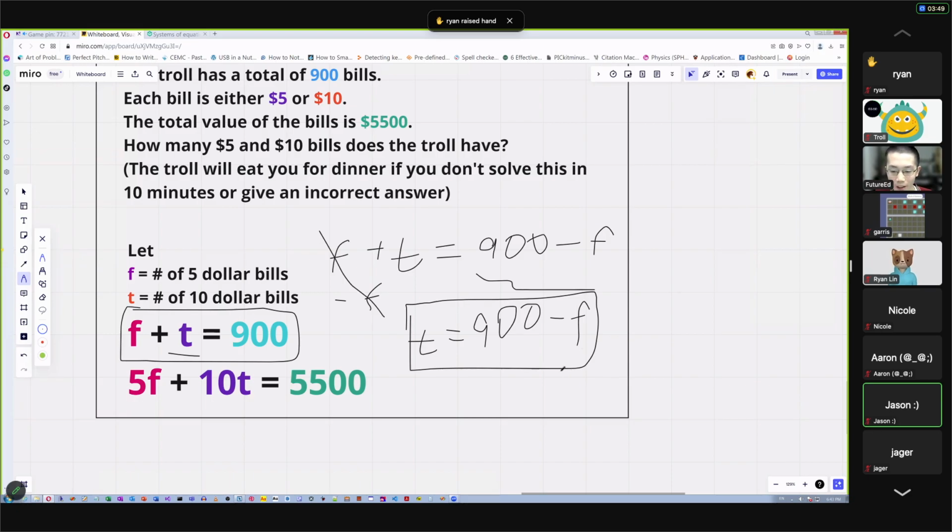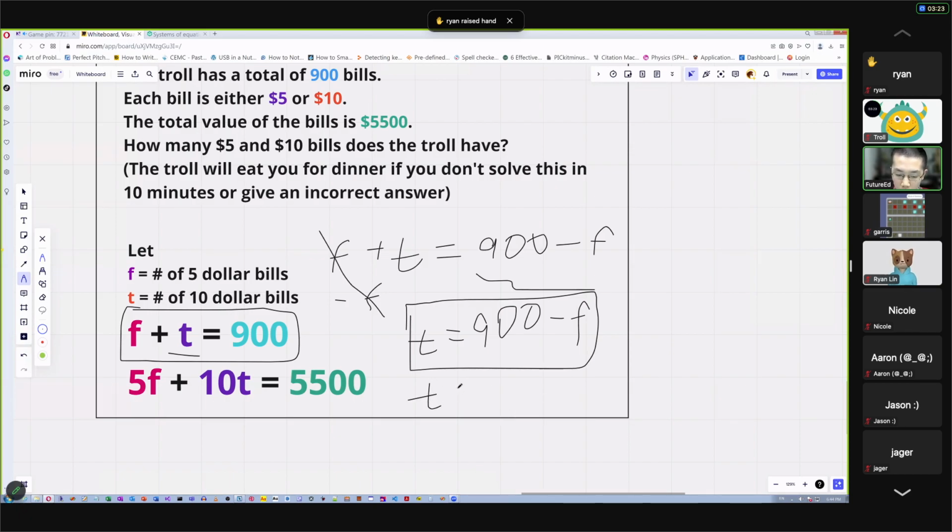Okay, so we have 900, let's say F was 0. Let's say we somehow found out that F was 0. How much would T be, given 900 minus F? Okay, Jason, what would T be if F was 0?